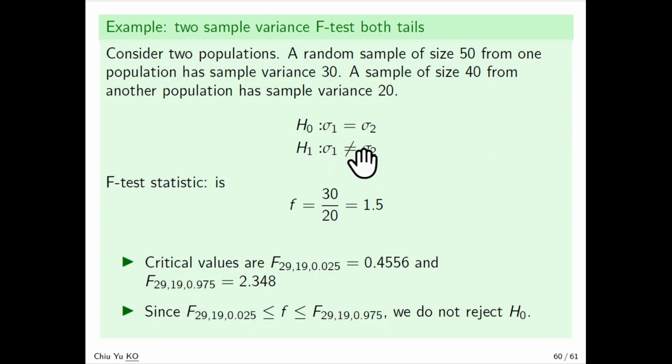You want to see if they're the same or different, and the ratio of the sample variances is 1.5. The critical values are 0.4 and 2.3. So the statistic is within the two critical values, so we cannot reject.